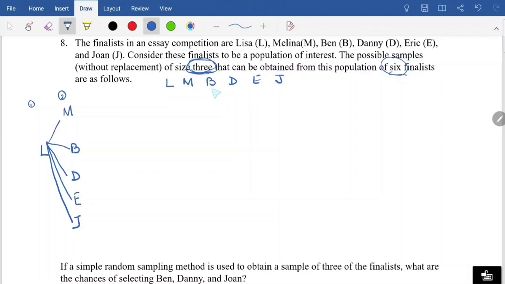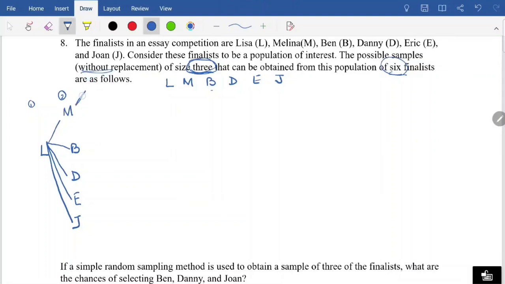So for after M, we can either draw B, Ben, or Danny, or Eric, or Joan, right? If we've drawn M, then in the next round, it's all without replacement. So if we've drawn M in the previous draw, we cannot get M in the third draw. It's without replacement. That's important.